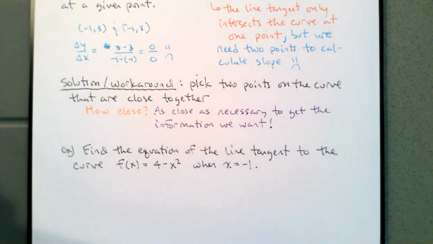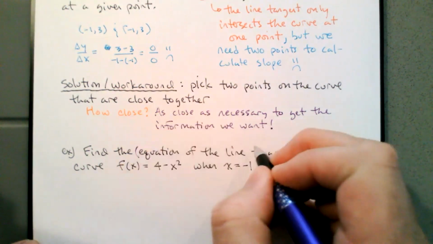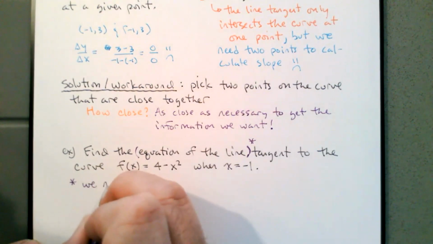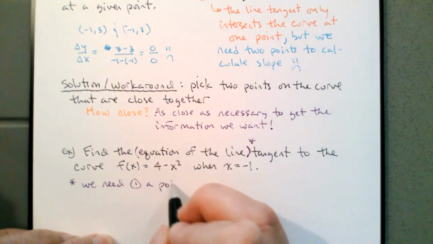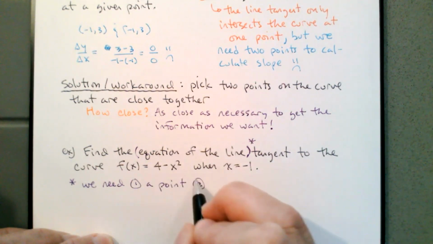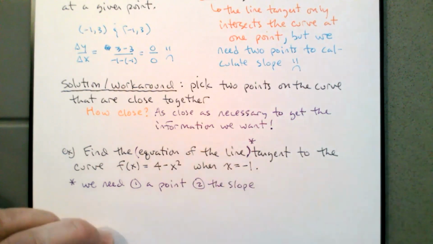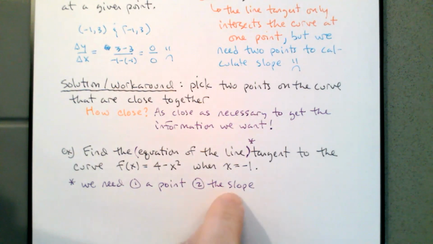So that means we need two things: a point and a slope. A line consists of only two pieces of information, a place to start and a direction to go. A point, that's the place to start, and a slope, that's the direction to go.